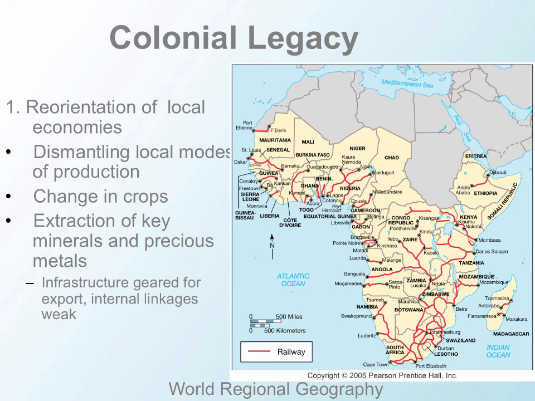The colonial powers were not interested in developing the continent per se, in the sense of increasing trade within the continent. The colonial powers were focused on extracting as many raw resources, using as much cheap forced labor as possible, as quickly as possible, getting it back to the colony, back to the home country. And how do you do that? You get it to the coast as fast as you can. You put it on a ship and you sail it home. And so that is why we see these railroad networks.